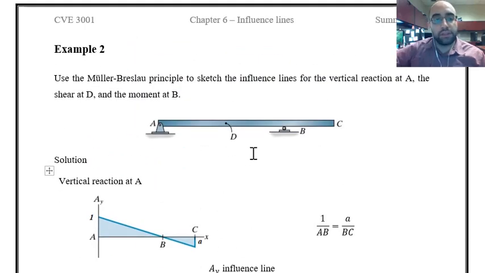That was all the things that were asked in this question. I believe the most important part of this question was the influence line for bending moment at B, because we used to consider a hinge and then grab that hinge and pull it up.